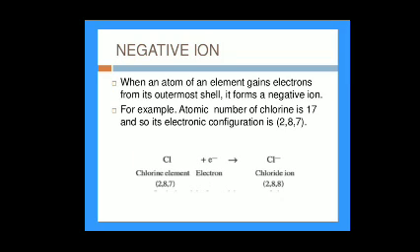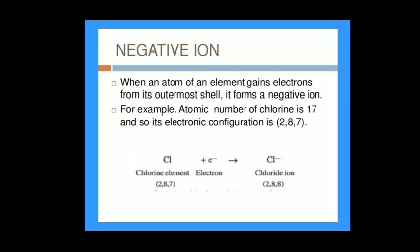It gains one electron from the sodium atom to get the stable argon configuration 1s2, 2s2, 2p6, 3s2, 3p6. Then it forms a negatively charged particle called an anion, that means Cl minus.